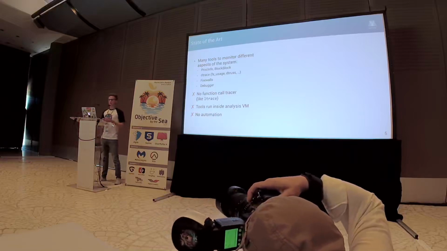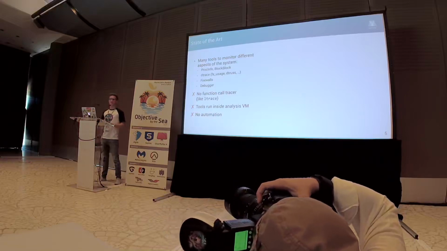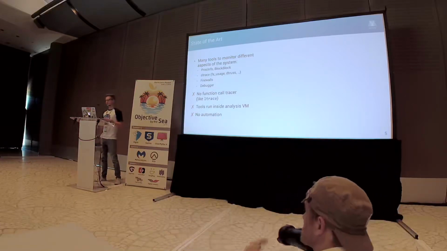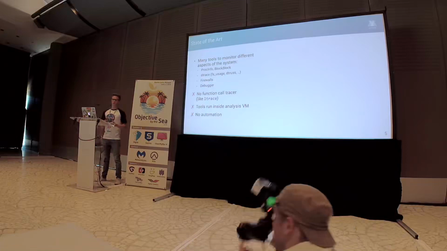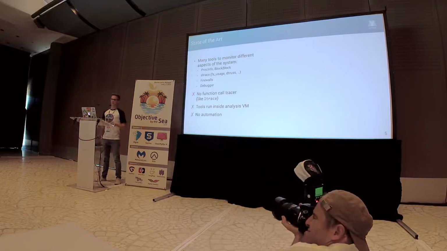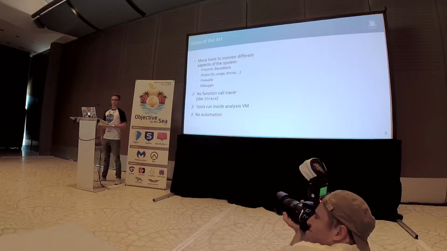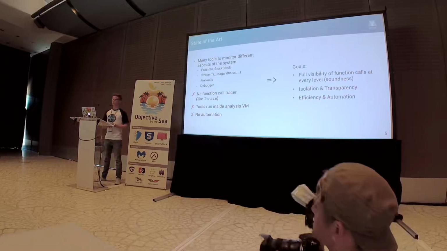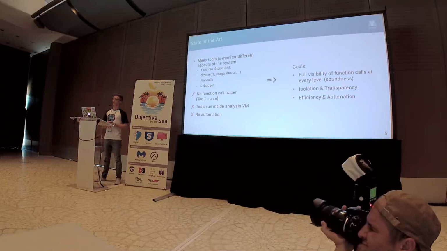And lastly, there's no automation involved, so this is all a manual process. The analyst has to look at all the different outputs from the different tools and try to come to a conclusion about what's happening here.